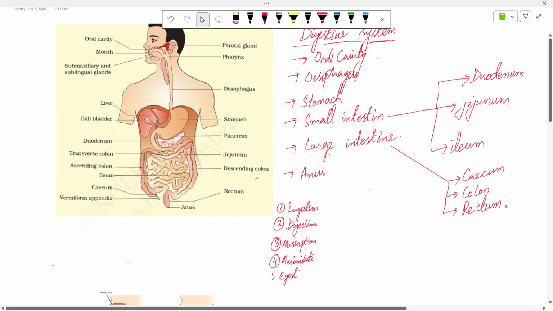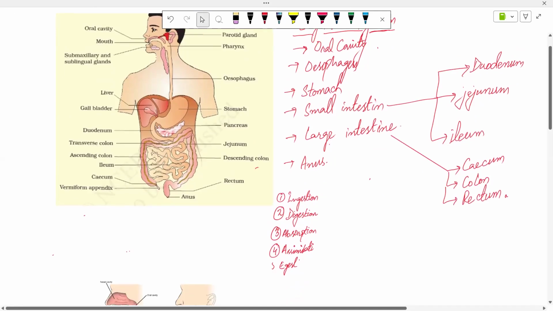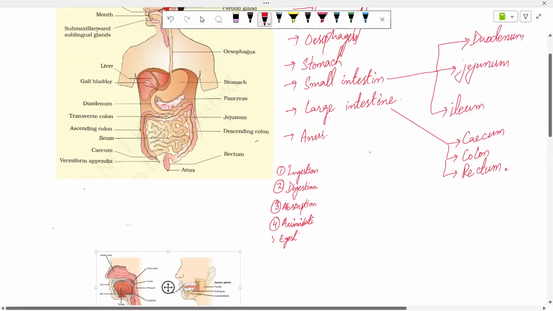A question can be asked from you: the digestion of carbohydrate starts at which part of the digestive system? The carbohydrate digestion starts at the oral cavity.